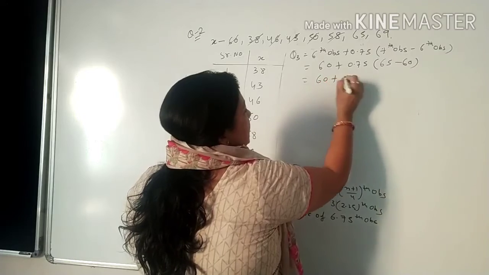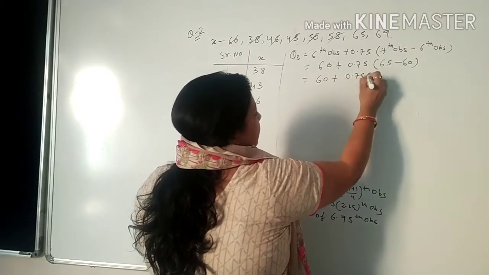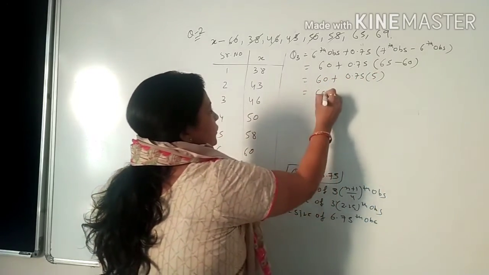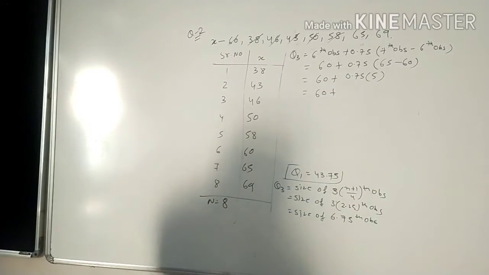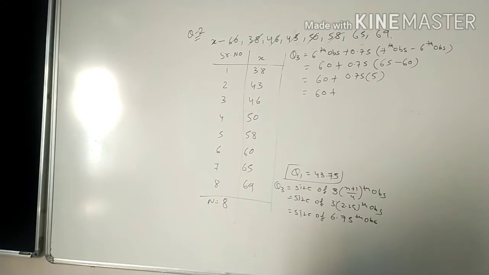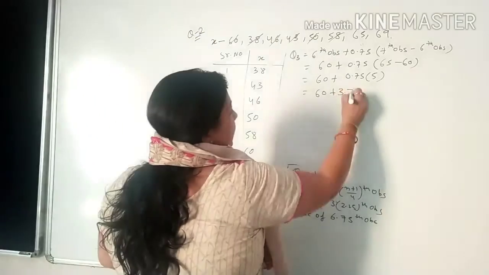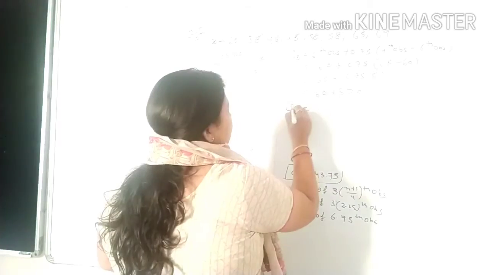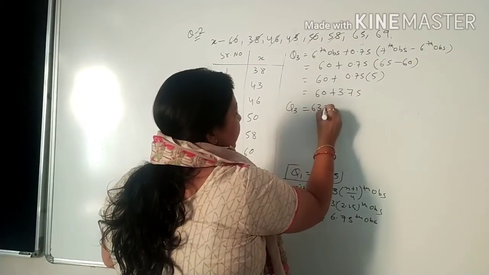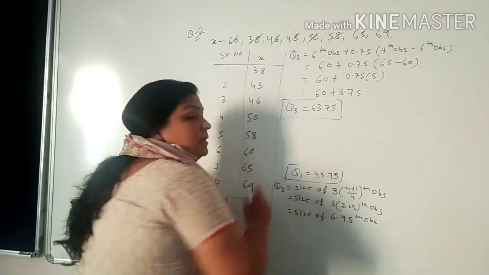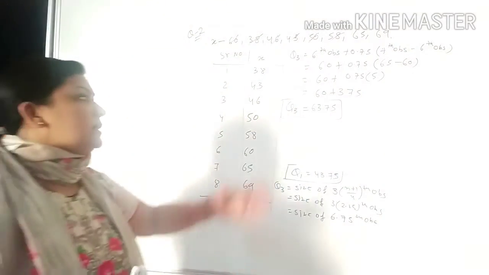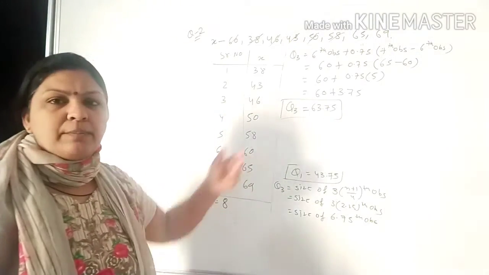So 60 plus 0.75 multiplied by 5. It should be 3.75. So your Q3 becomes 63.75. Clear, students? This is the simple logic behind it.